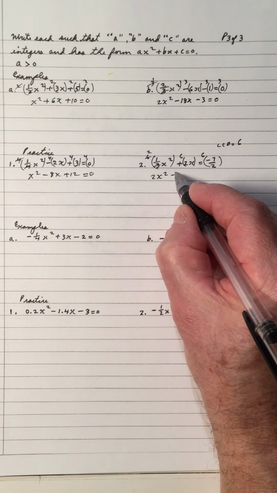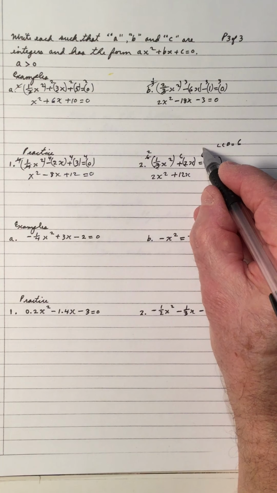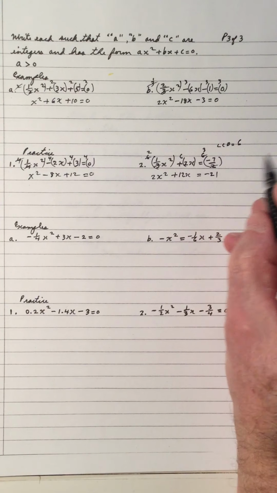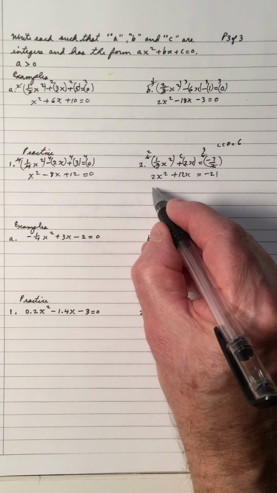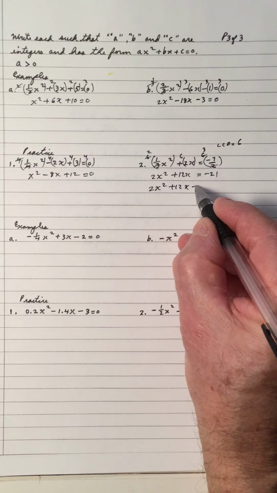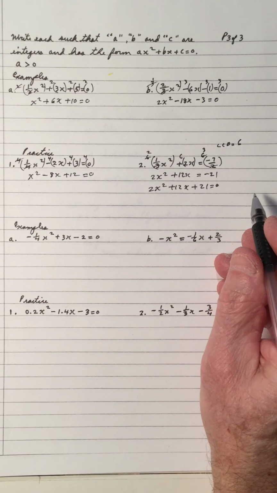No cancellation here, so that's a plus 12x. I can cancel here. 2 into 6 goes 3. So 3 times negative 7 is negative 21. But I need it equal to 0, so x squared goes first, then the x, and then the constant. So the 21 moves over to become plus.